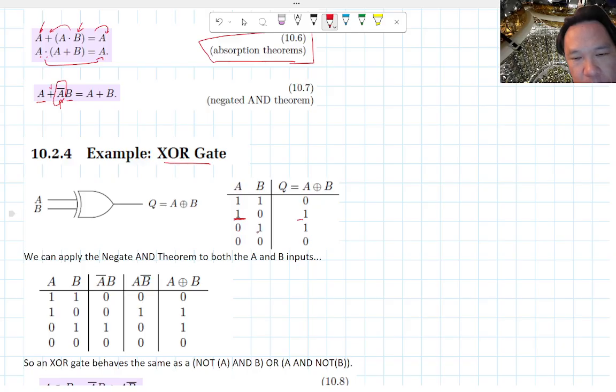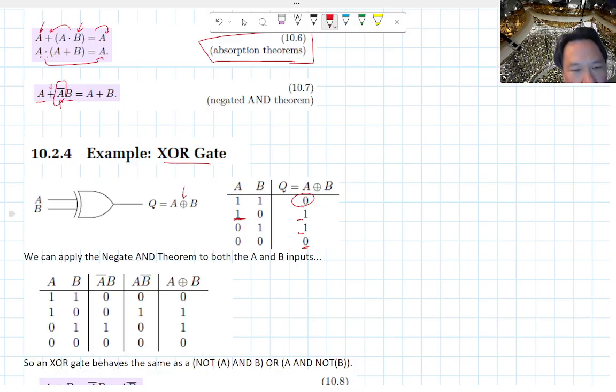A is low, B is high, so you get 1. When both inputs are high, you get 0. This is different from an OR gate because of that. And when both inputs are 0, of course you get 0. The symbol for that is a circle plus, with a circle around the plus for exclusivity.